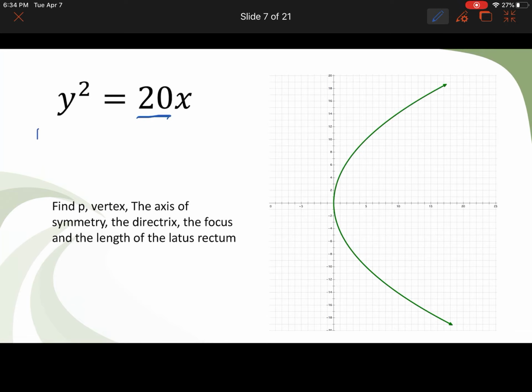So if 4p is equal to 20, then I can divide by 4, and I know that p is equal to 5. Now, in this case, we don't have any shift, we don't have any h and k, and 0, 0 is the vertex. So there's my vertex. I've already got the graph here, I know, but there's my focus right there at 5.